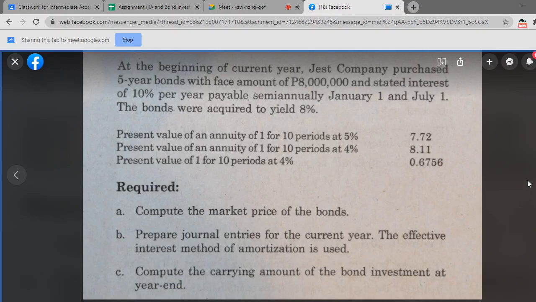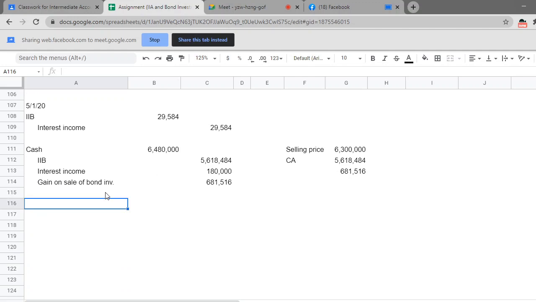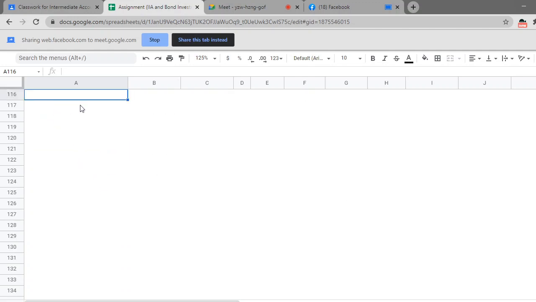Rather, naghatag siya mga present value factors. And I think I presented this one a while ago, so wala na tayong problema. Okay, we have here 3 present value factors, and we just have to decide which one will be used in computing the cost or simply the market price of the bonds.